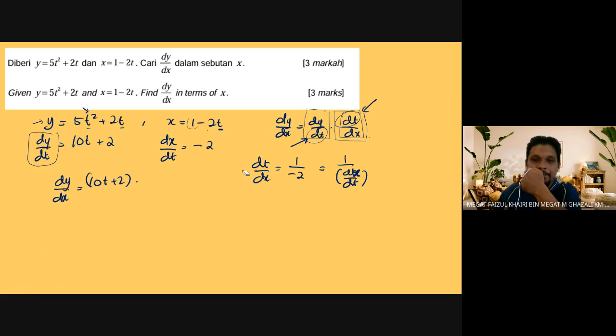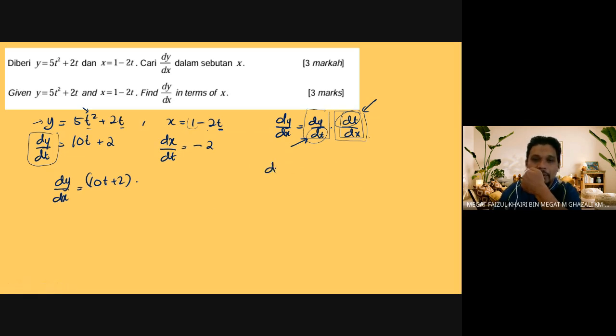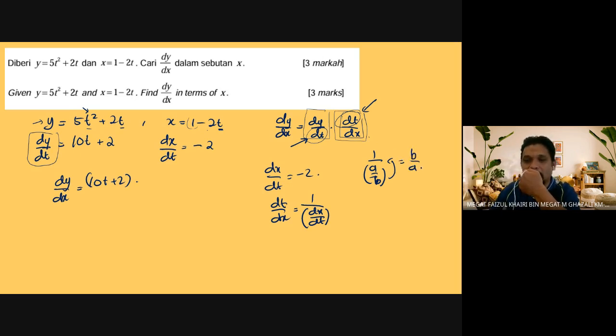We have dx/dt equal to negative 2, so dt/dx is 1 over dx/dt. 1 divided by a over b, if we switch the position upside down, gives b over a.